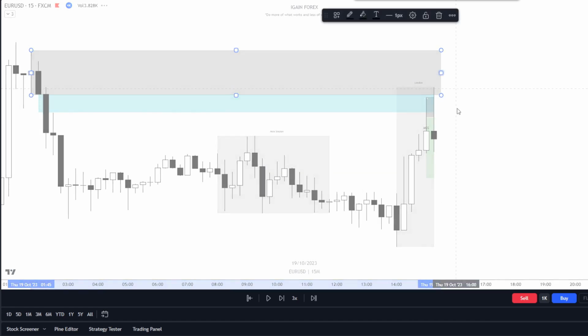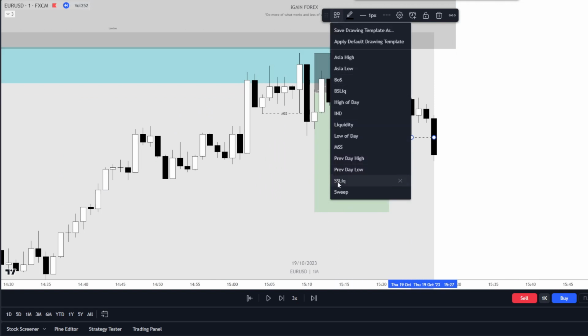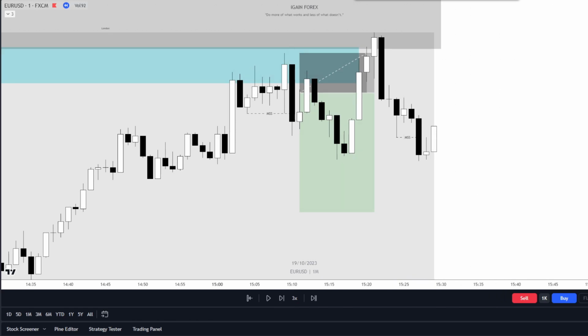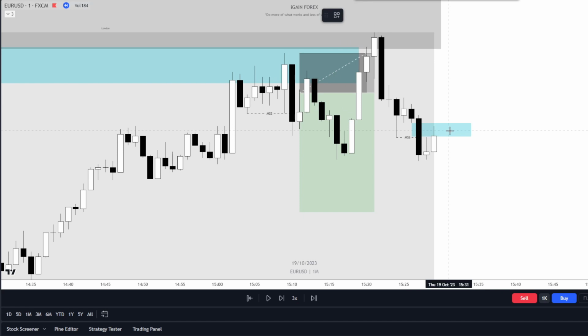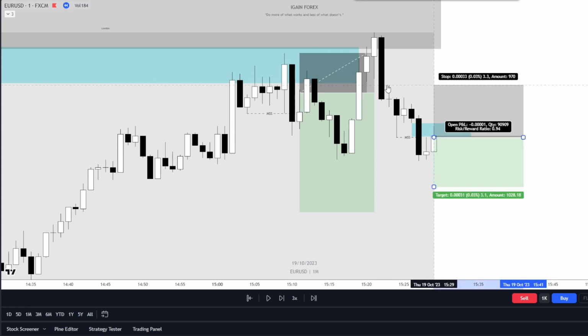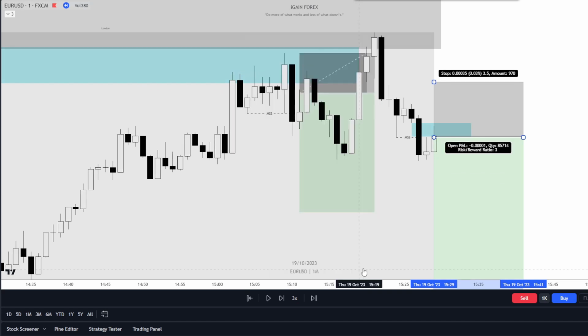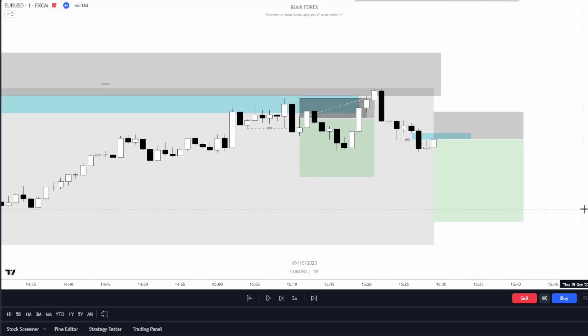Okay, let's go back to 1 minute. We have this internal market structure shift. There we can enter at this fair value gap. Risk reward ratio 3. So let's see what will happen.